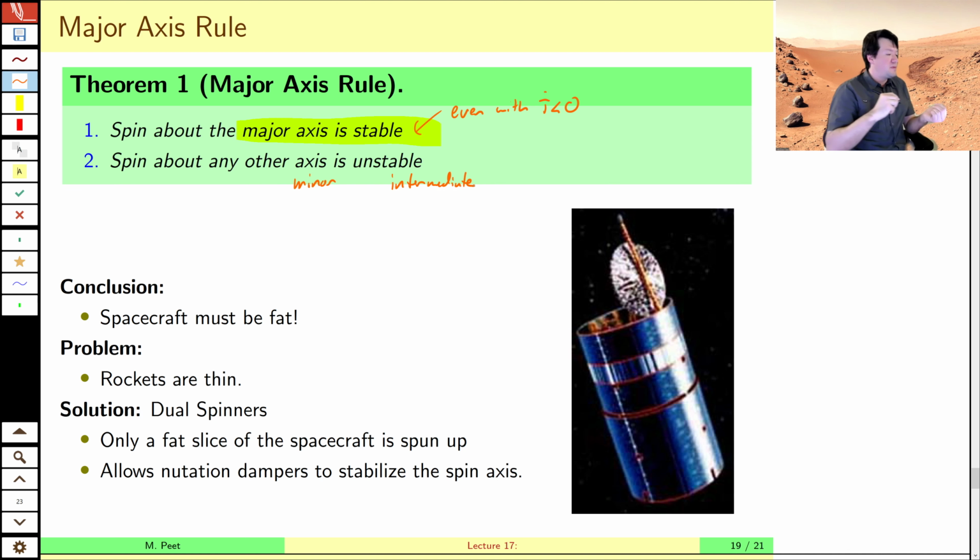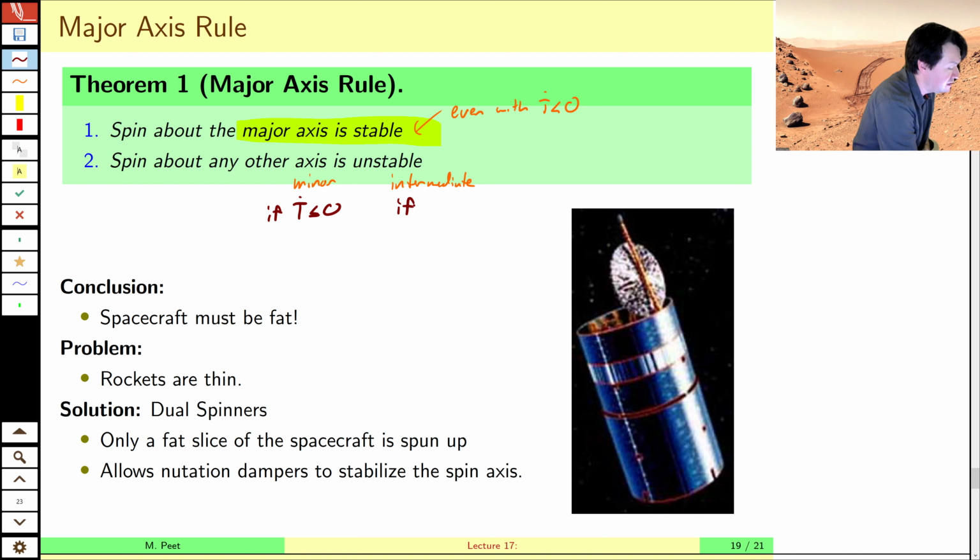So spin about the minor axis is unstable, but that's only the case if you have T dot less than or equal to 0. Spin about the intermediate axis is unstable if T dot is less than 0, or even if T dot is 0.